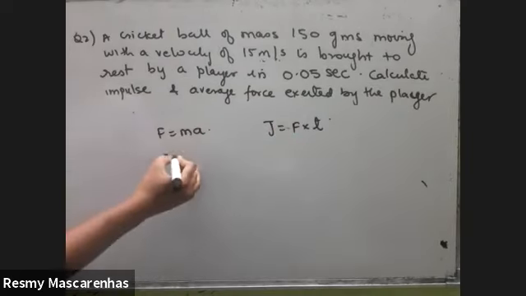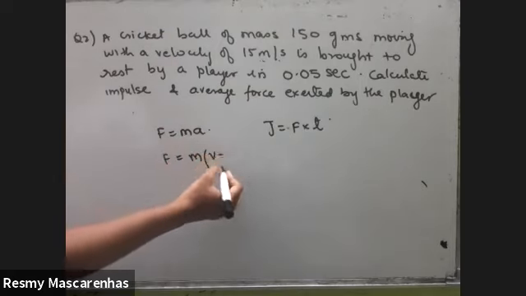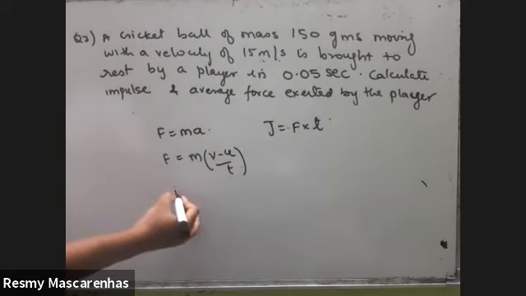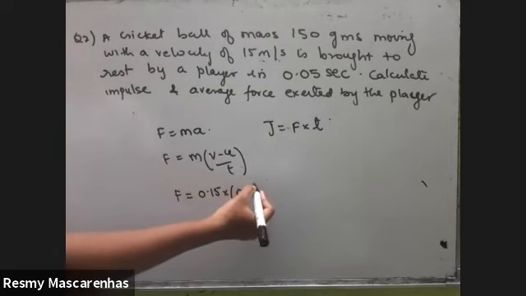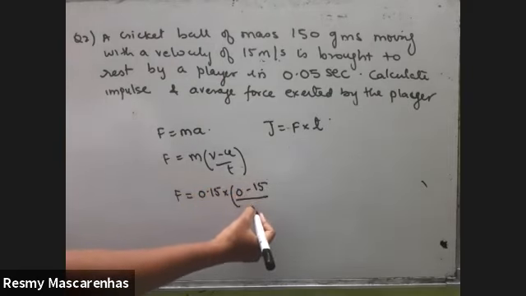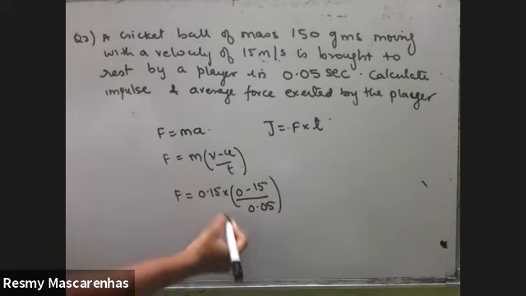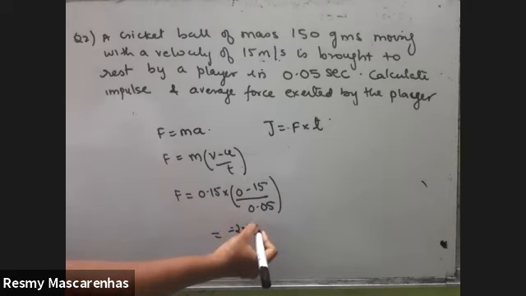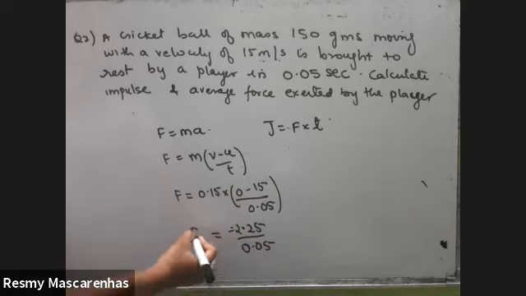But in this case, since we don't know what the acceleration is, we have to use this v minus u upon t. And force will be, mass will be 0.15, v is 0, u is 15, upon time 0.05. So this will be anyways minus 2.25 upon 0.05. This is one way.